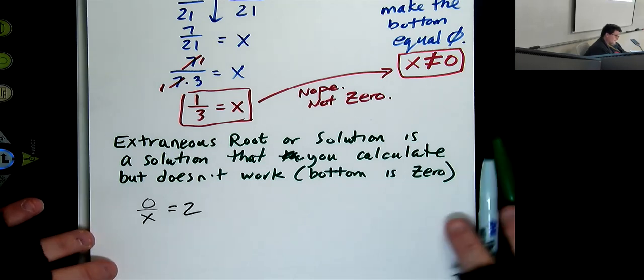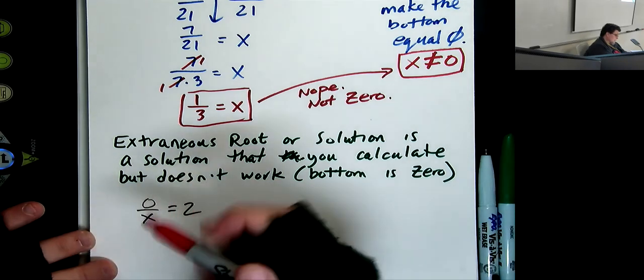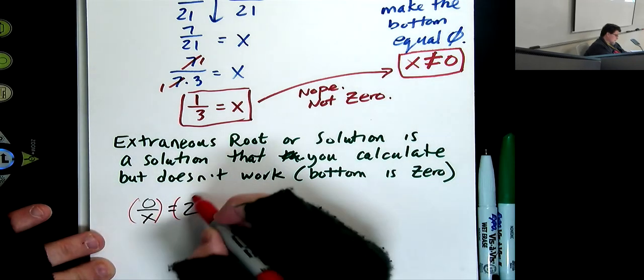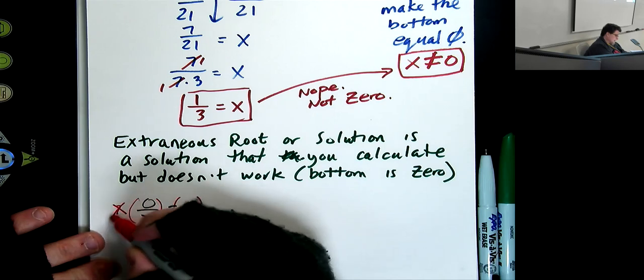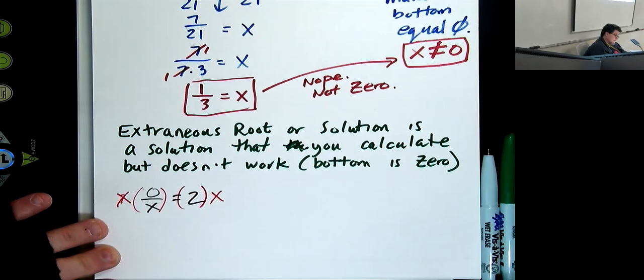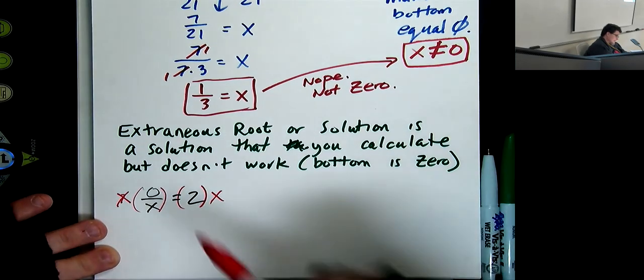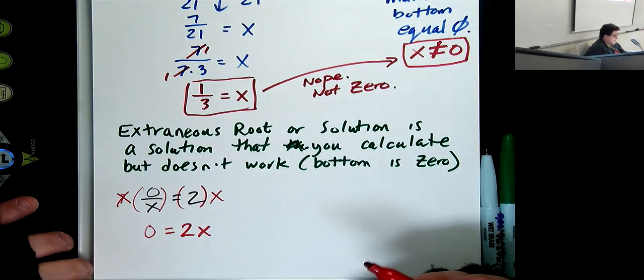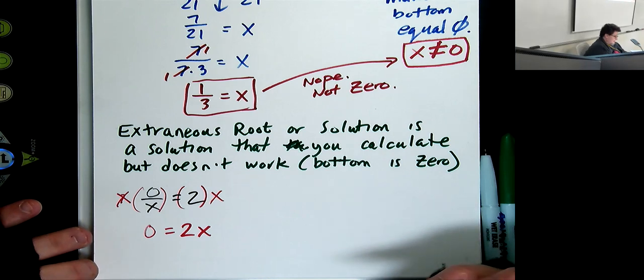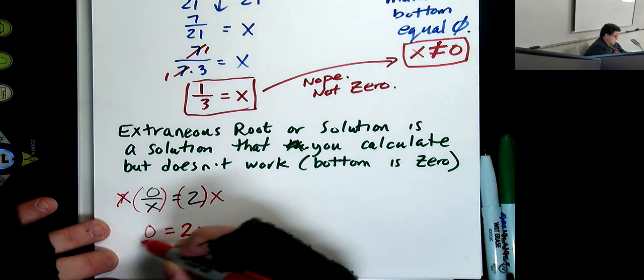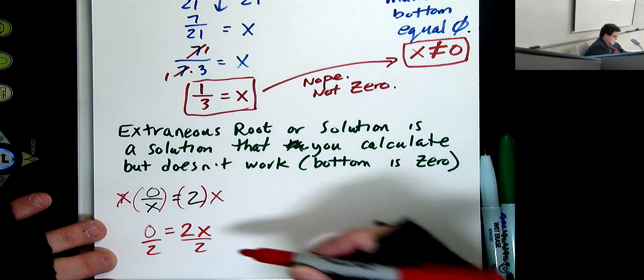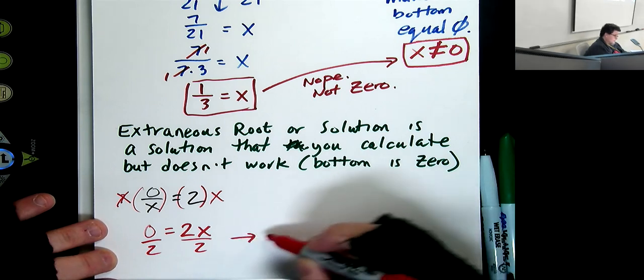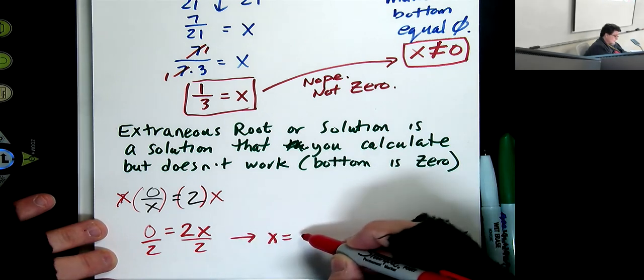If I clear the fractions by multiplying both sides by x, I get 0 equals 2x. And if I divide by 2, I get x equals 0 over 2. 0 over 2 is 0.